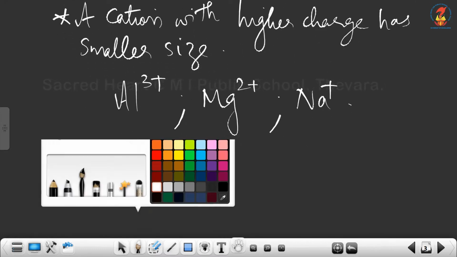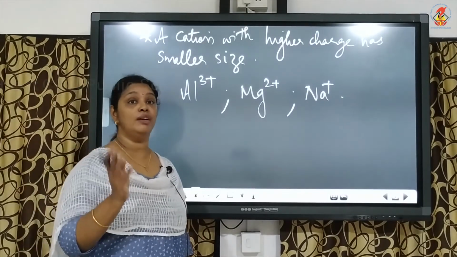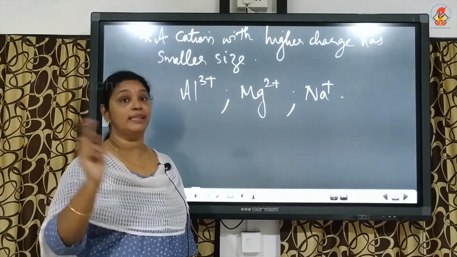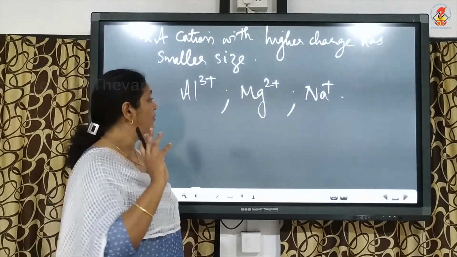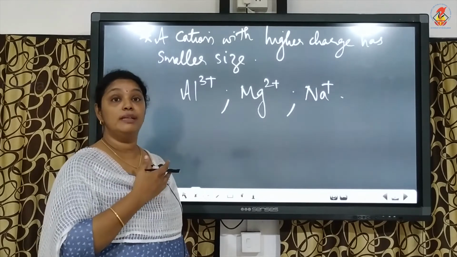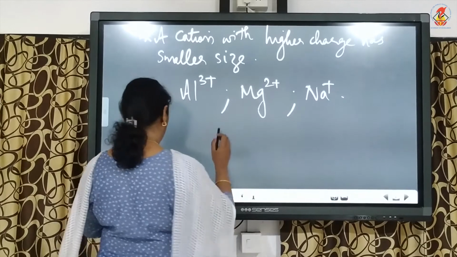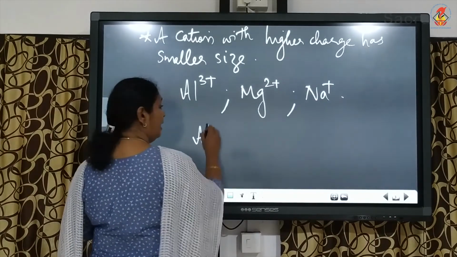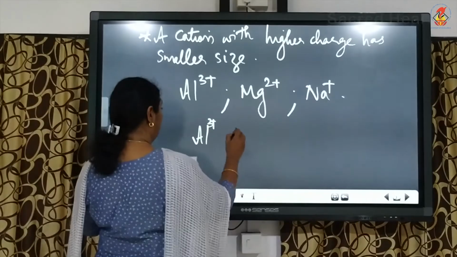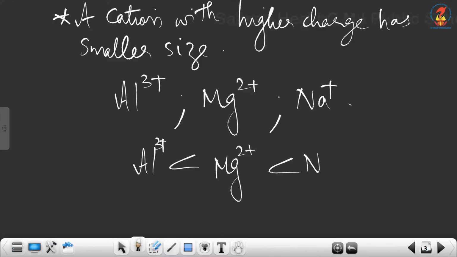Now, if you are asked to arrange in increasing order of ionic radii, increasing order means small to big with less than sign. So, we know that as charge on cation increases, size decreases. So, who has the maximum charge? Aluminium. So, in increasing order, you will arrange it as Al3 plus less than Mg2 plus less than Na plus. This is the increasing order.